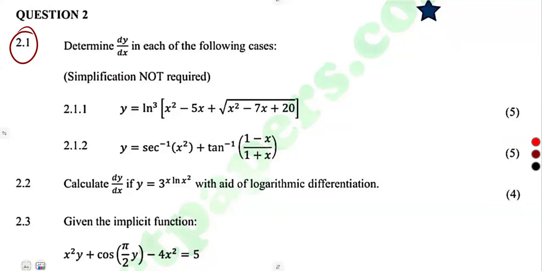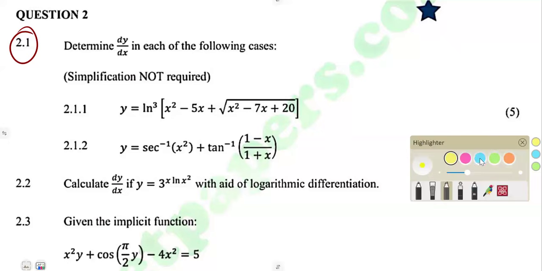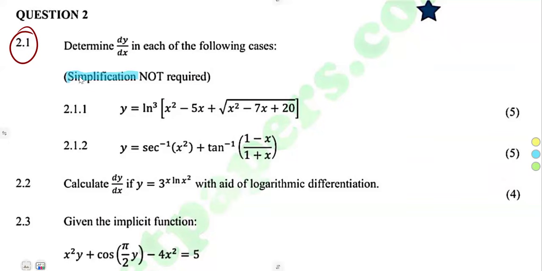They stated that simplification is not required.